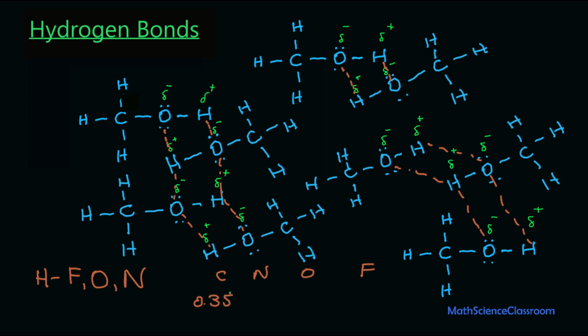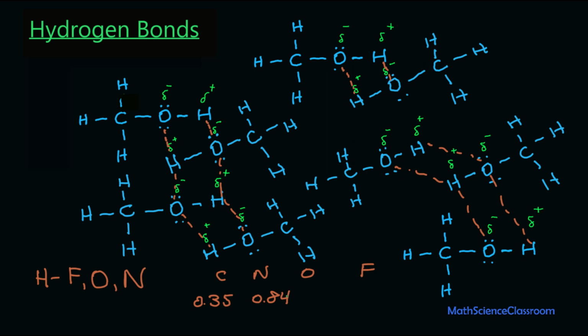The difference between hydrogen and nitrogen is 0.84. So the nitrogen is really going to hold on to those electrons in this example. With the carbon, the hydrogen and the carbon are very close, so it's not going to be a highly polarized bond.